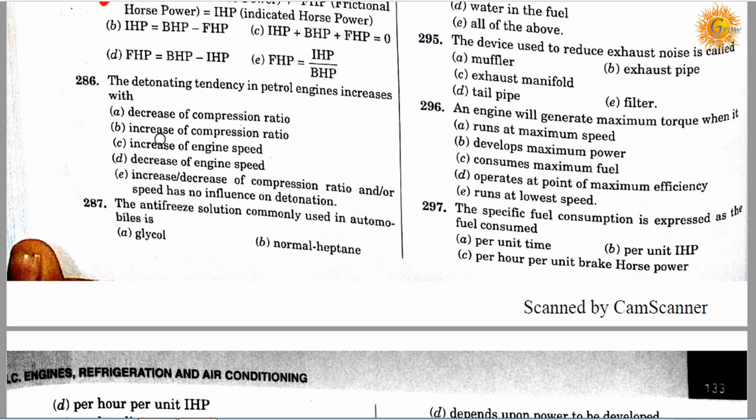So the correct answer will be B, because of the increase of compression ratio.